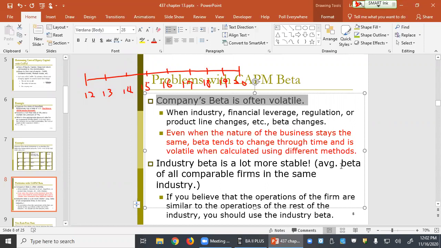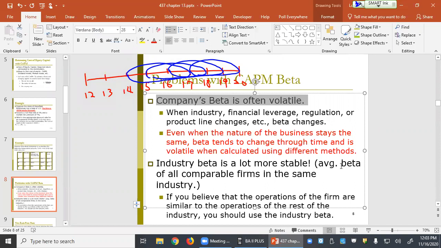What we have found is that whether we use the most recent 4 years of historical return information to calculate beta, or this 4 years, or this 4 years, or this 4 years, okay?